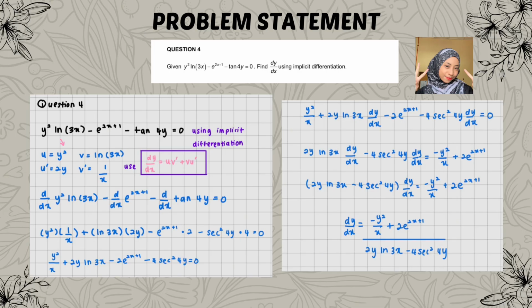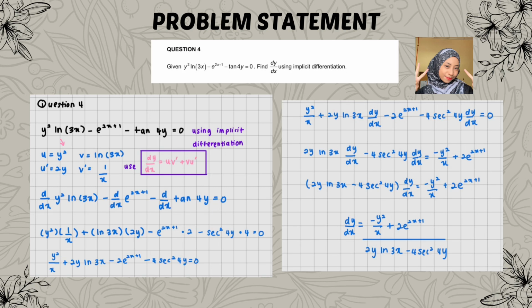We move to step number 2, which is to differentiate each term implicitly. Differentiate each term with respect to x, remembering that y is a function of x, so the chain rule applies. Step number 3 is substitute derivatives into the equation, combine and rearrange to isolate dy/dx. Step number 4.